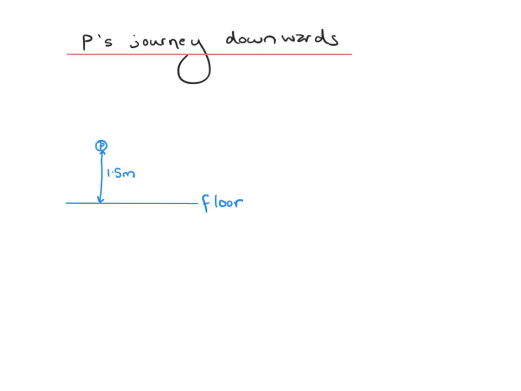So now let's think about P's journey downwards from its highest point of motion. At the very beginning, P was 1.5 metres above the ground. We then calculated that before the string broke, whilst P and Q were still connected, P travelled a distance of 0.4083 metres upwards.